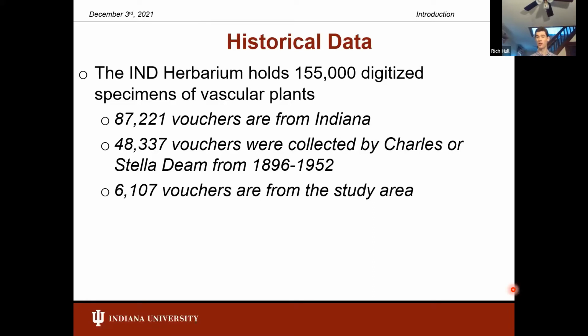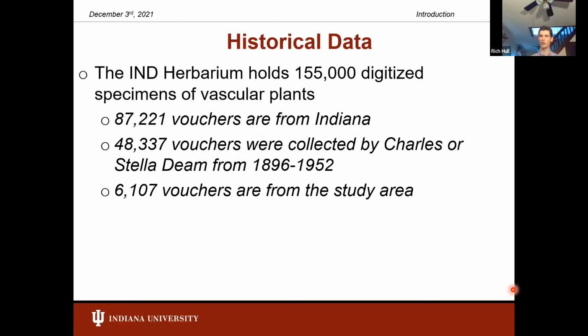So I'll take a break here and briefly introduce Charles and Stella Deem. Charles Deem was a state forester of Indiana. He was actually the first state forester in Indiana. He started as an amateur and delved into botany really, and eventually decided to create a flora of Indiana where he would have county-wide distribution data for each species.